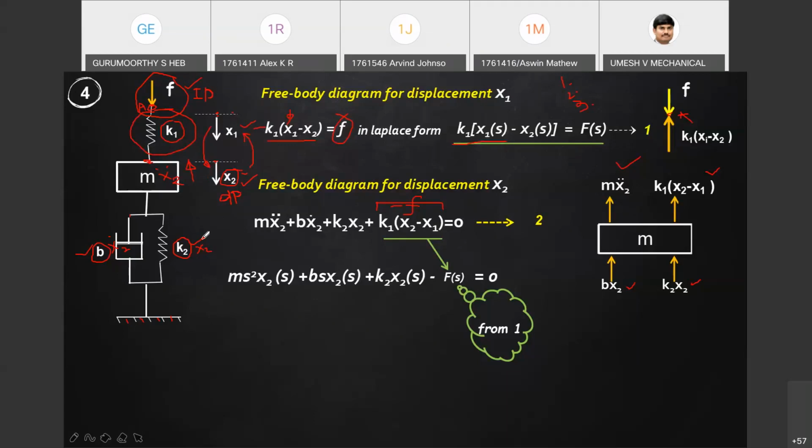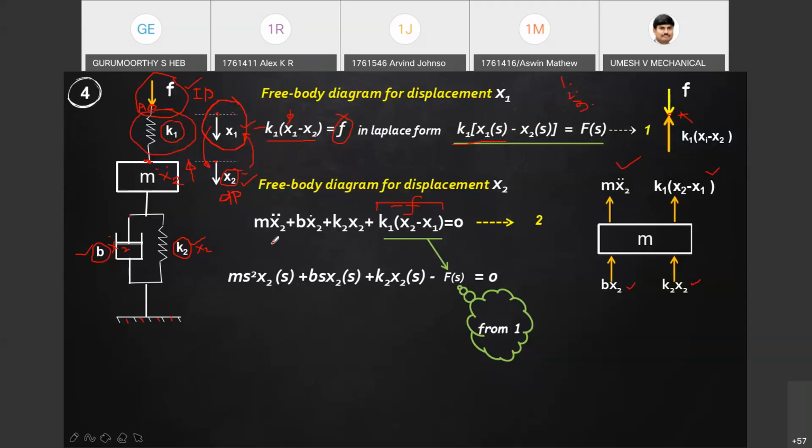You should finally have only one equation and one variable. Eliminate. Eliminate means not simply rubbing it out. You have to use some mathematical substitution method or Cramer's rule to remove this variable. So here I am using the substitution. X1 is coming, so I substitute for this particular term from what I have written.